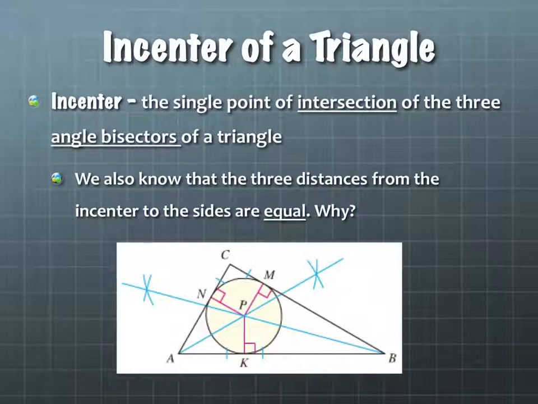The incenter is the single point of intersection of the three angle bisectors of the triangle. We also know that the three distances from the incenter to the sides are equal.